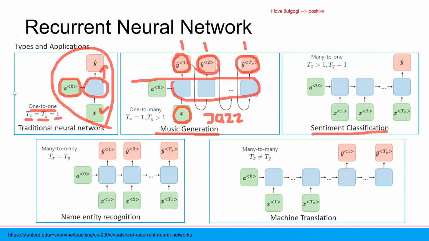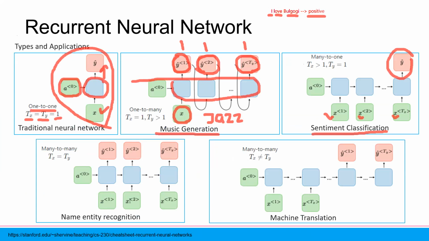So in this case, I have several inputs x1, x2 until xtx. So I have the words I love bulgogi, but the prediction is only one. I know that it is positive. Usually we use this one for the review, or if you do online shopping, or if you book hotel or travel, you have this kind of review, then yeah, you can use this kind of RNN.